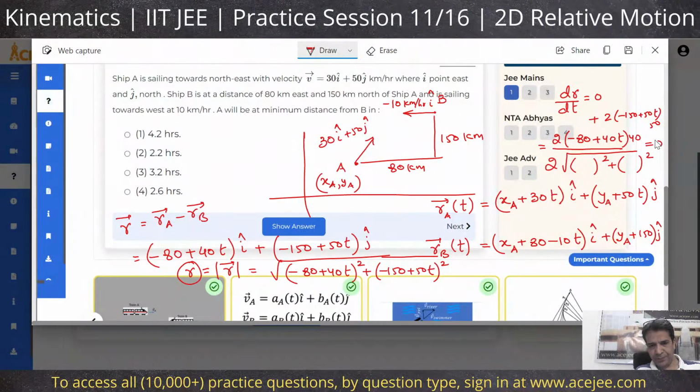So what do we have? Let me see if I can write it neatly here. I'm going to cancel out all the 2's. When we equate that to 0, I'm going to cancel out the zeros from here as well. So we have (minus 15 plus 5t) multiplied by 5 plus (minus 8 plus 4t) multiplied by 4 is 0.